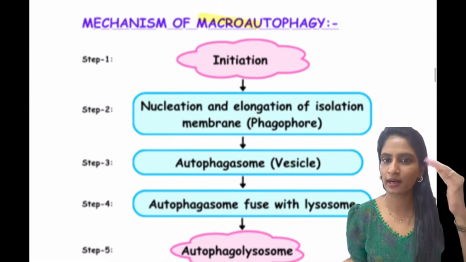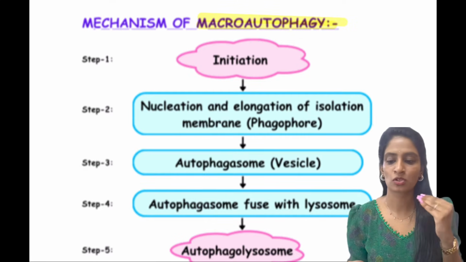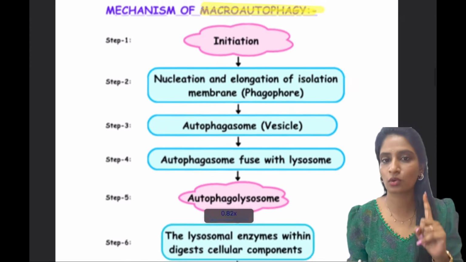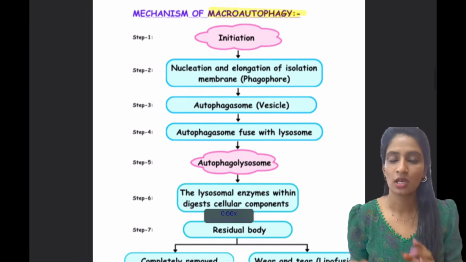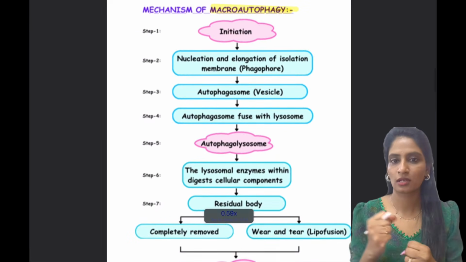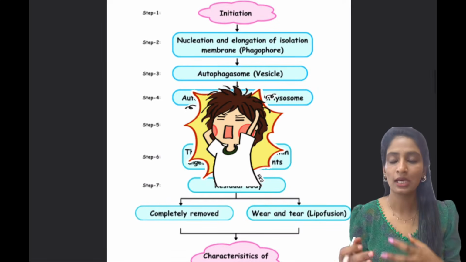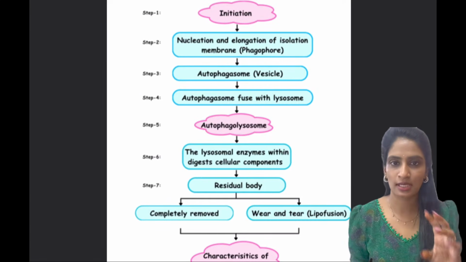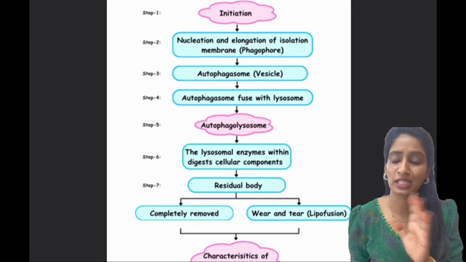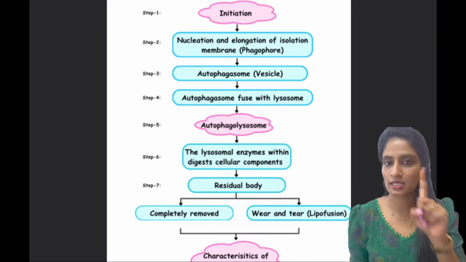Okay, so the first one is macroautophagy. There are major steps in it. First, there will be initiation. Once the cell understands there is some trouble happening, for example exercise, starvation, aging, or any damage, it's like the start button.